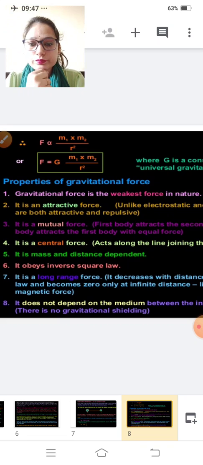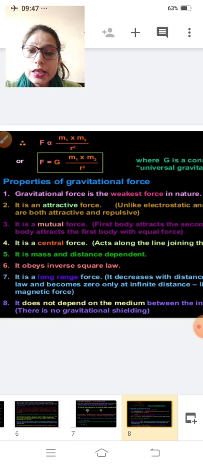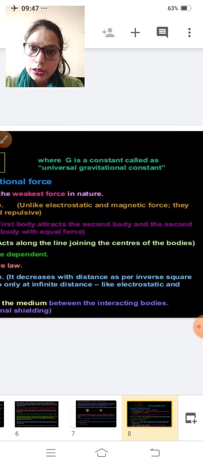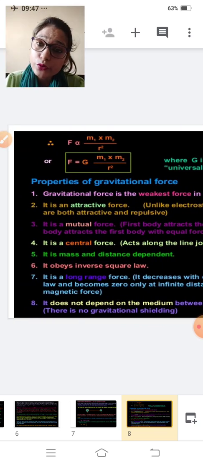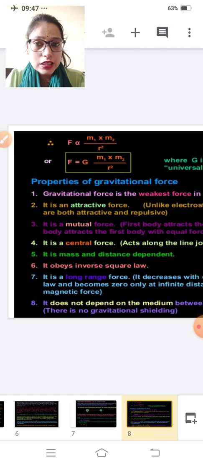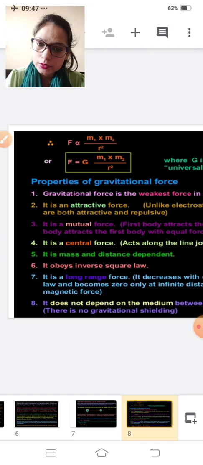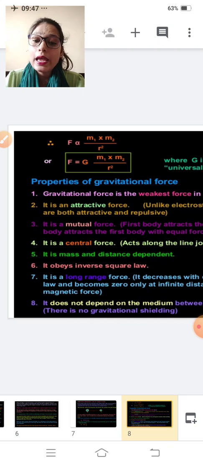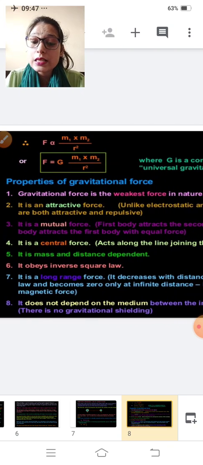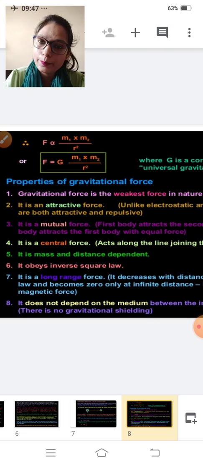Understood this? Second, it is a mutual force. The first body attracts the second body, and the second body attracts the first body. Not only does Earth apply gravitational force to us, but that object also applies gravitational force to the Earth. Clear? It is a central force. It is mass and distance dependent.